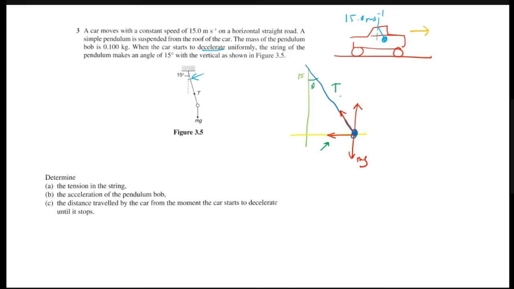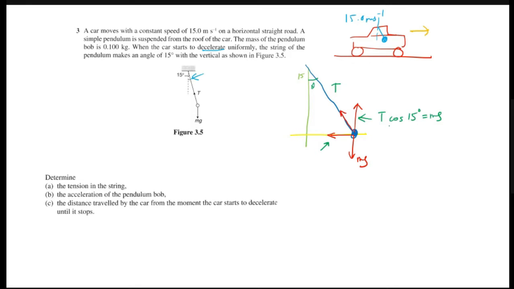To get the tension of the string, we have to find the force particularly. So T cos 15 degrees equals mg, because the force pushing upwards is equal to the weight of the pendulum bob pushing downwards.